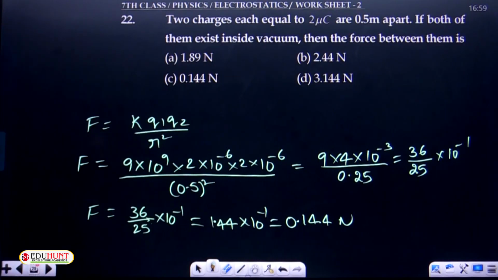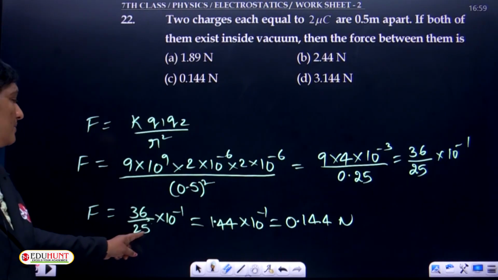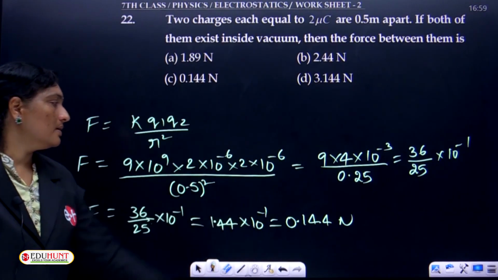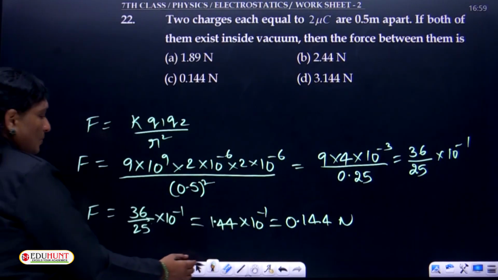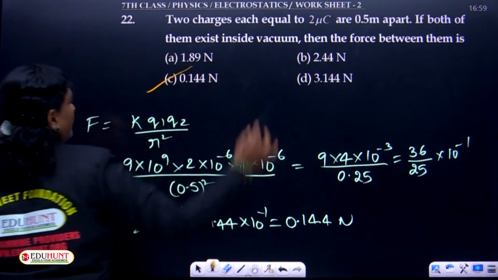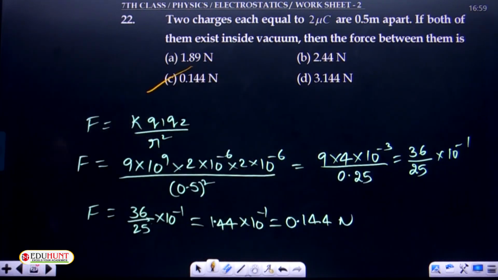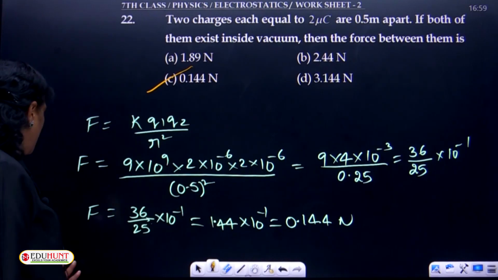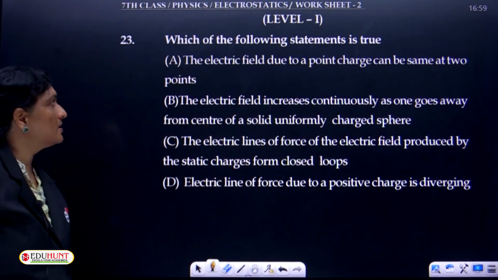So just go through this, children. 36 when divided by 25, you'll be getting it as 1.44 into 10 power minus 1. Solved, you'll be getting it as 0.144, and hence the correct option is option C, that is 0.144. So moving ahead with the next question, children.